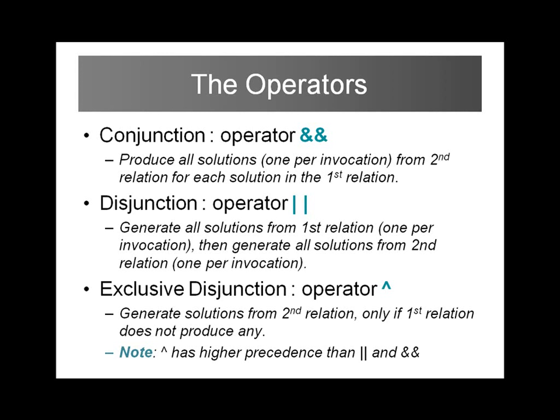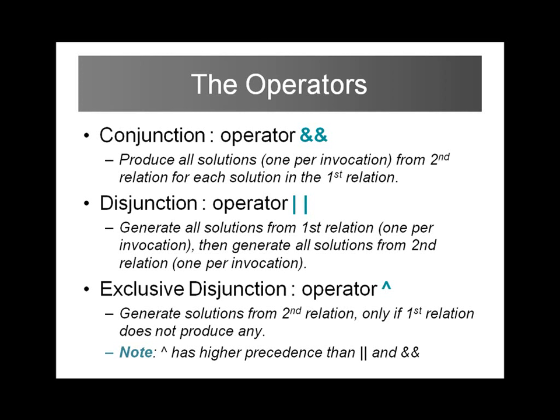Now when the AND operator is evaluated the next time around, it will directly evaluate the second argument, and the third time around it will again evaluate the second argument. This continues as long as the second argument keeps succeeding. Now once the second argument stops succeeding, it goes back and evaluates the first argument.